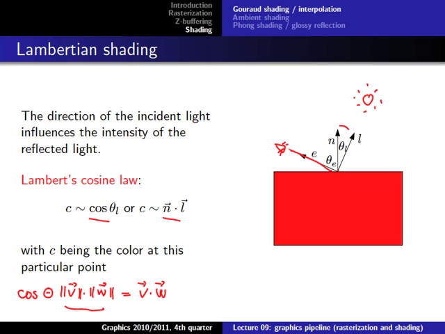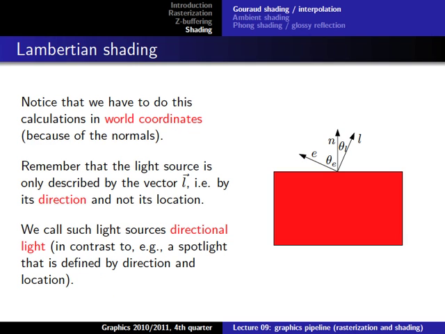So this is something that you should already know from the third lecture, but what I didn't say at that time, because we didn't have the perspective projection then, is that we have to do this in world coordinates. So this is a little bit of new information now, but it is pretty straightforward. If you remember what we said, when we do the transformation with the normal vectors, the angles are not always preserved, and if the angles of the normals are not preserved, then we get problems, of course, with the light calculation, which is why we should usually do this in world coordinates.